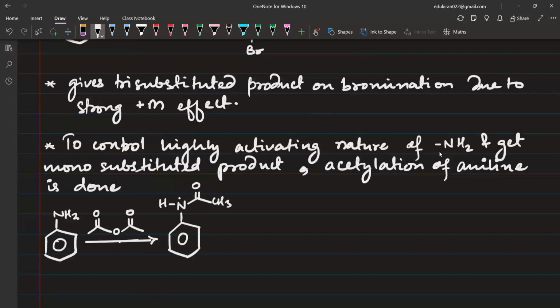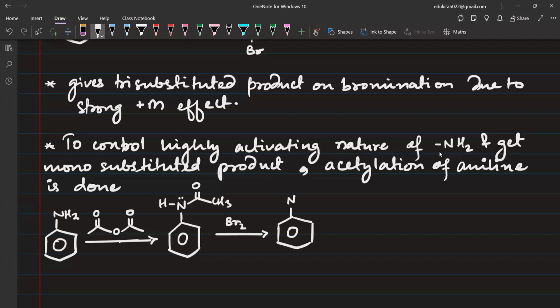ठीक है. This nitrogen atom is still having a lone pair of electrons. Lone pair electron has not gone anywhere. And after this, when you are going to add bromine, now obviously you can see the ortho position is sterically hindered. CH3 is here. So ortho position is still reactive, but it is not accessible. So at the ortho position, there will be no bromine attached. The bromine will be attached on the para position.